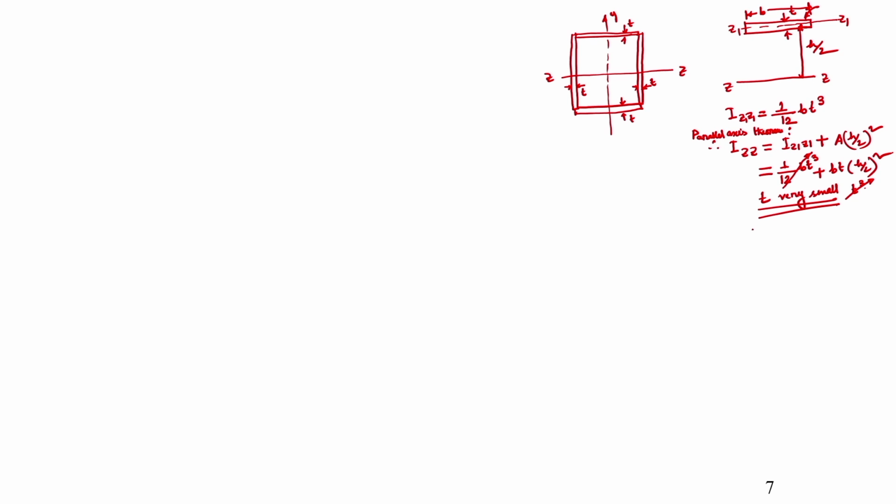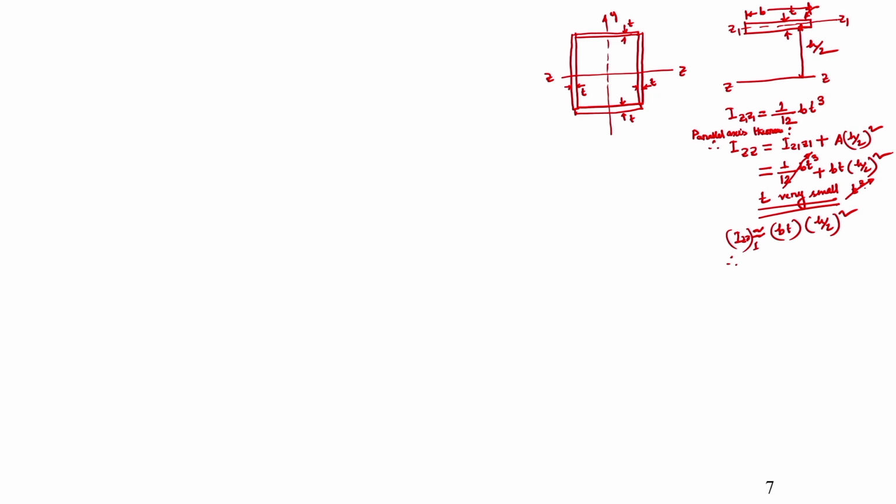So, here you will get BT into h by 2 squared, this you should keep in mind. So, this is for one weld. Similarly, two welds are there. So, if these two welds are parallel to the z axis, then we are getting this IZZ for one weld, I am writing it like this.